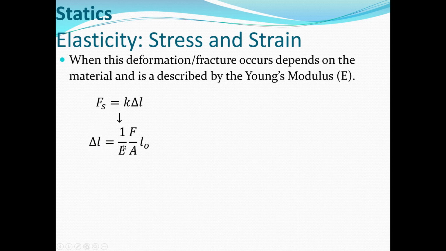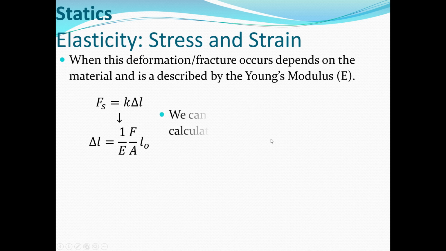We have E, which is our Young's modulus, the force F acting on the object, the area A, the cross-sectional area of the object, and the original length L. Now this F over A is essentially the pressure acting on the object, and the value of Young's modulus depends on the material that you're using. So an object of copper has a different Young's modulus than an object of silver. This is given to you in your textbook, so when you're doing problems, look through there. One thing I'll note is that if I'm expecting you to use this equation on the test, I will give you Young's modulus.